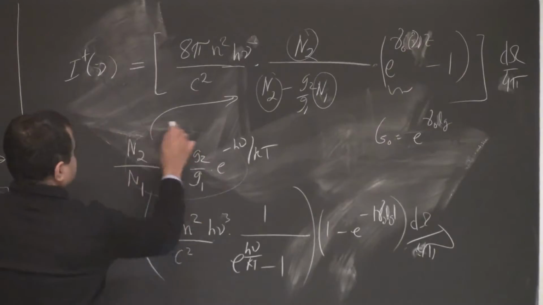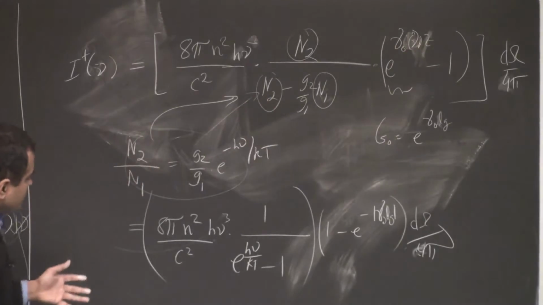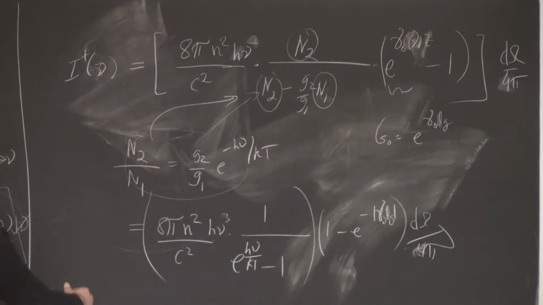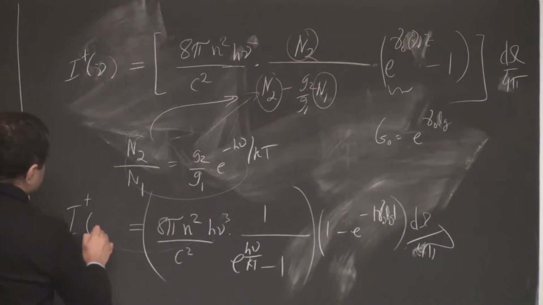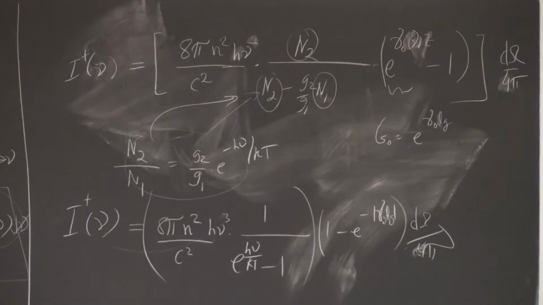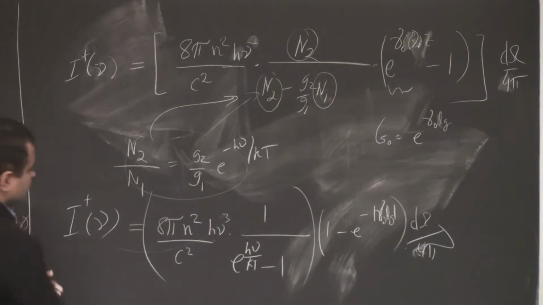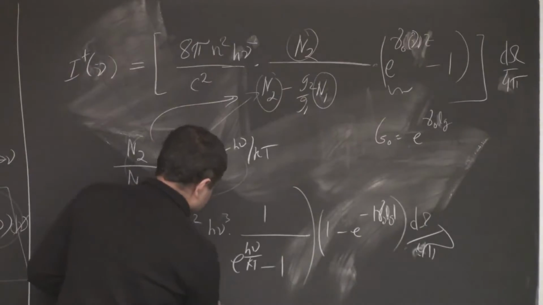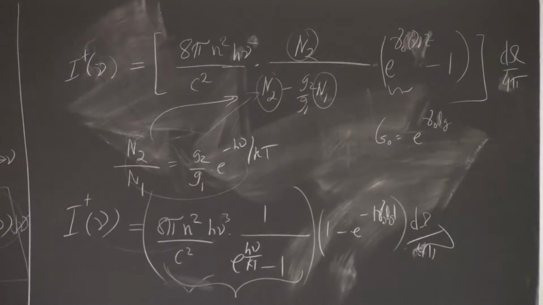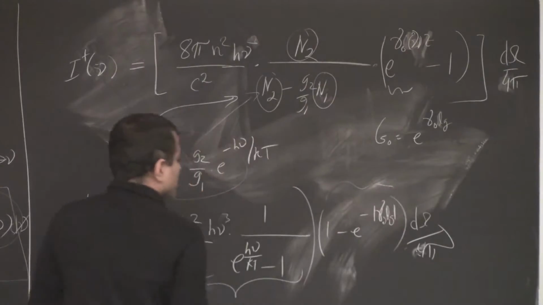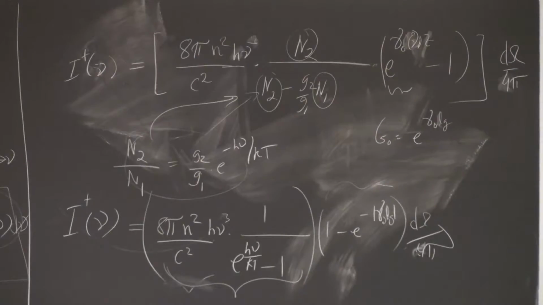Essentially, if you just plop this in here, you recover the spontaneous emission. Remember, when you do not have population inversion, this is spontaneous emission. And the spontaneous emission spectrum, if you look at this term, is exactly an old friend: Planck's black body radiation formula. Then there is a little bit here which is the loss, because when there is no gain there is loss.